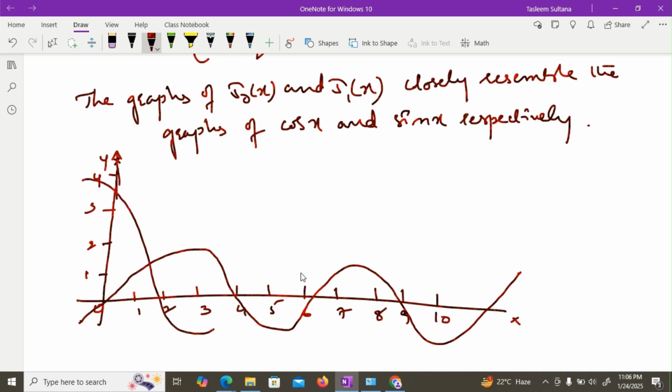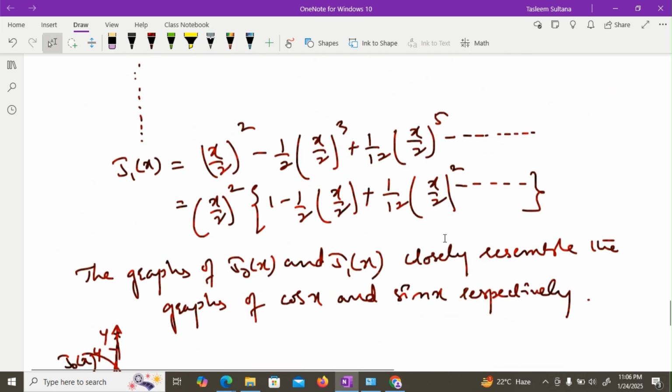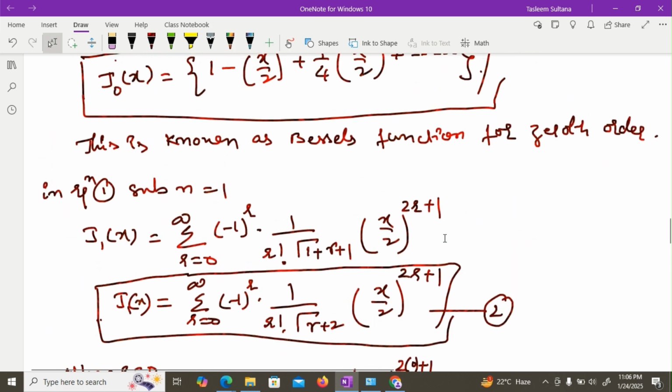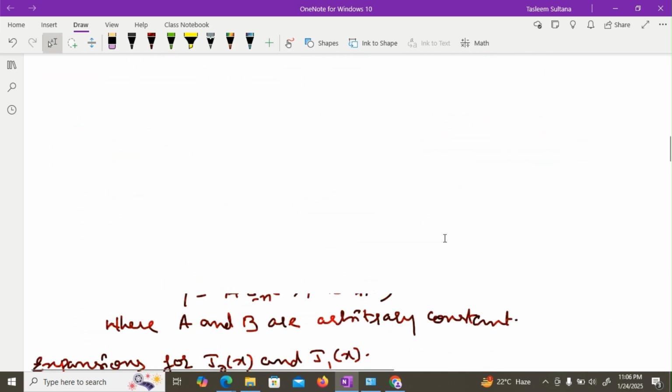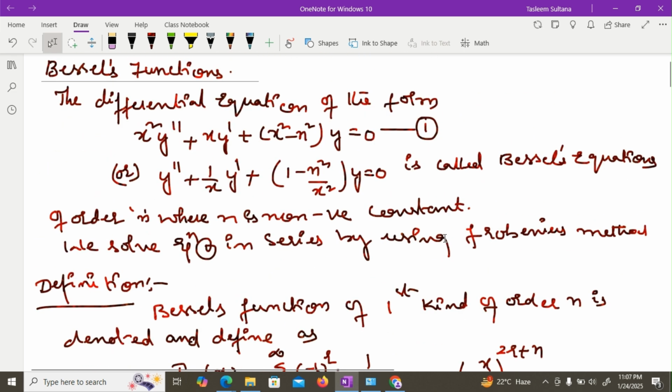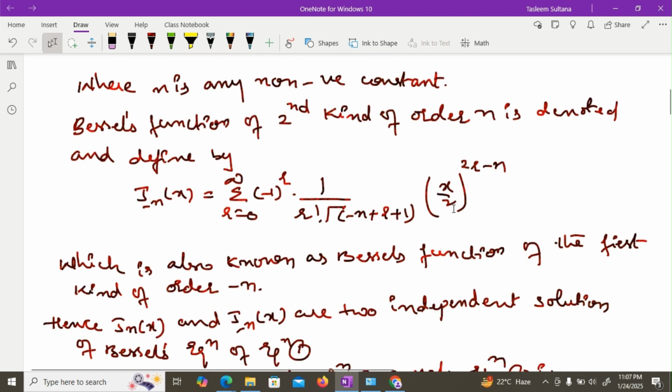This is for J1 of x, and this is for J naught of x. When you check it on a breadboard, you're going to see the graphs on ECGs, how they overlap like a cos x and a sin x.